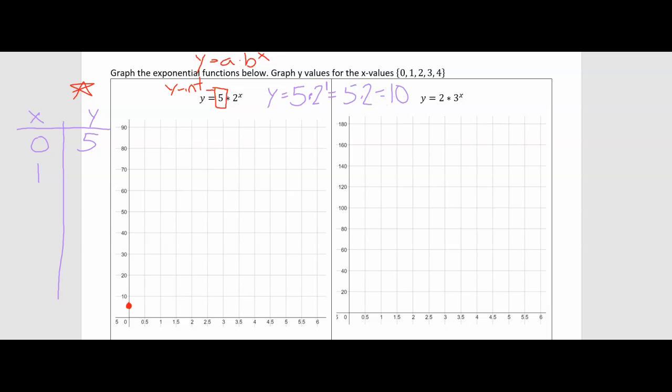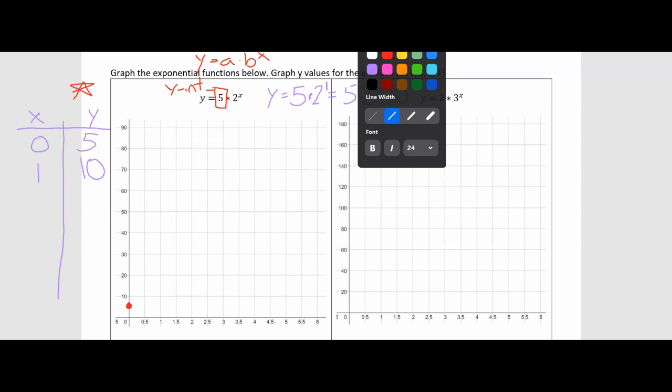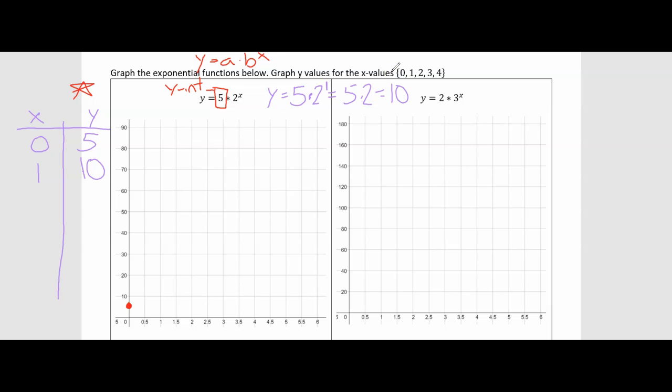So when x is equal to 1, y is equal to 10. I can do the same thing when x is equal to 2. I'm going to get y is equal to 5 times 2 to the power of 2, or 5 times 4, which gives me 20. So y is equal to 20.